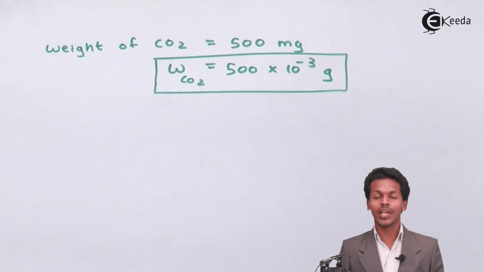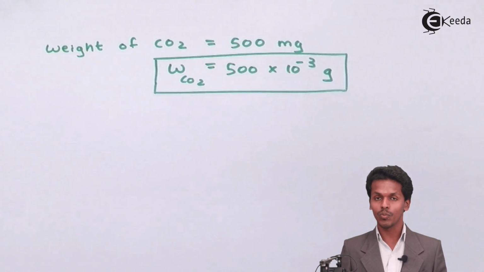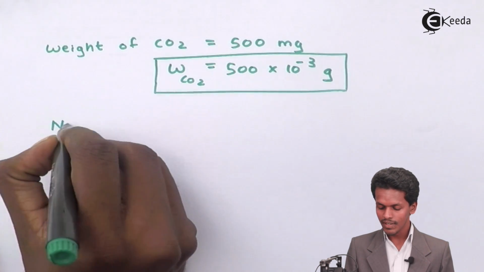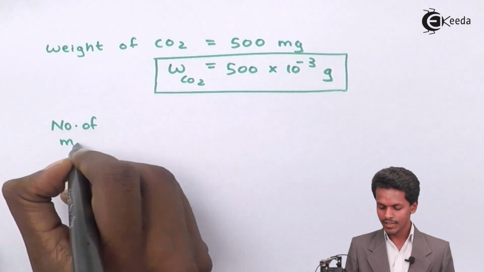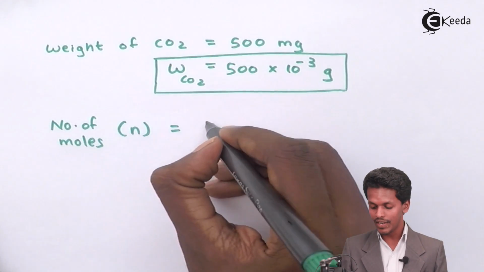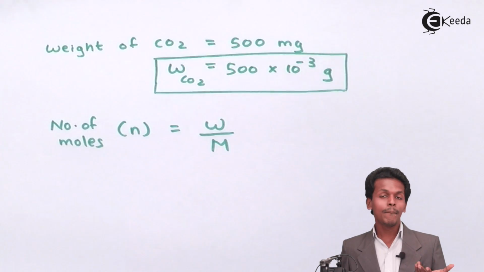The next more challenging thing is, how can we calculate the number of moles? Again, we have the formula: the number of moles, denoted by N, is nothing but weight divided by molecular weight.